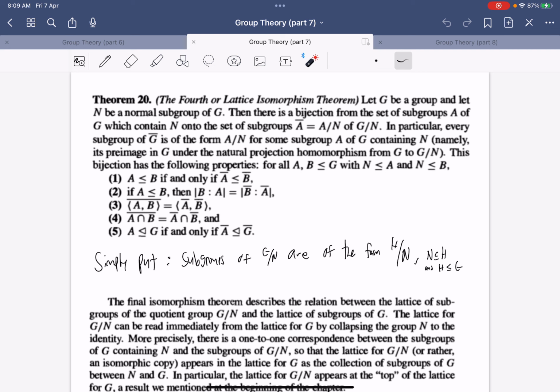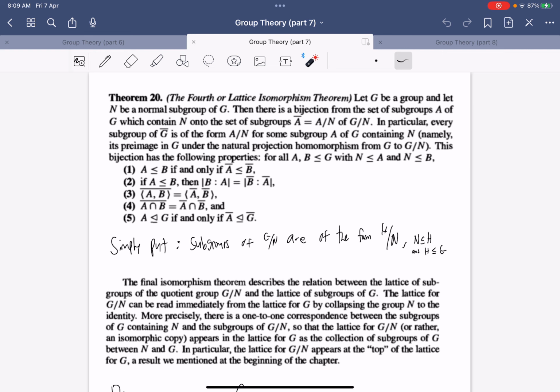And this bijection has a very nice property such that if A is a subgroup of B, then the quotient subgroup A is a subgroup of the quotient subgroup of B. And if A is normal, then the quotient in the quotient group will be normal as well.